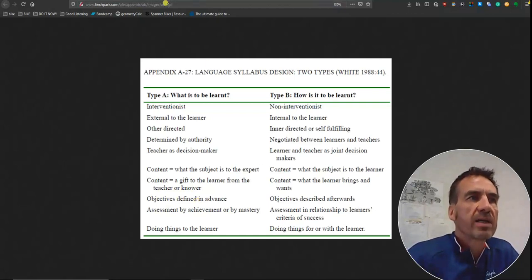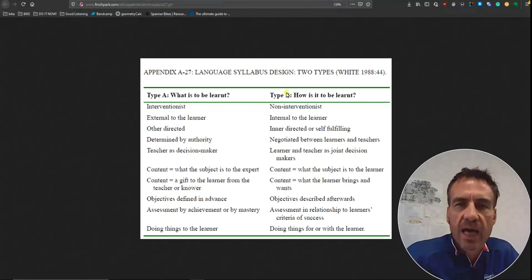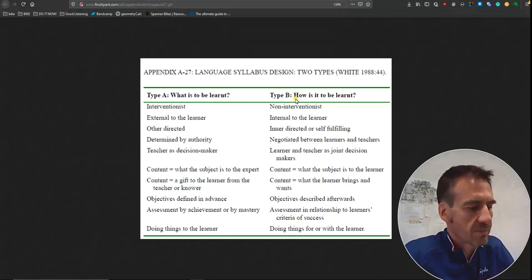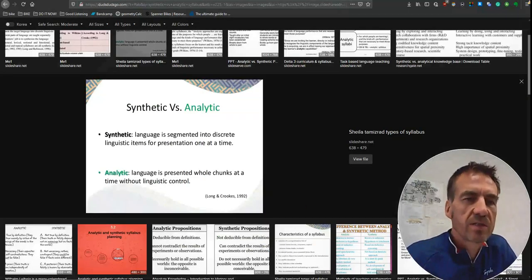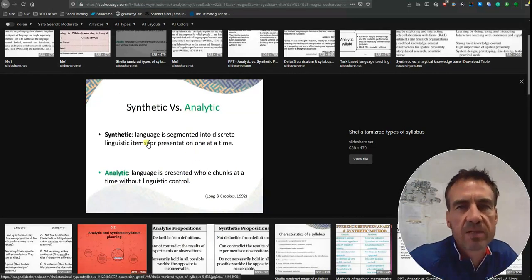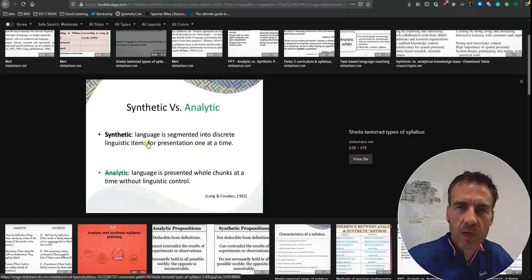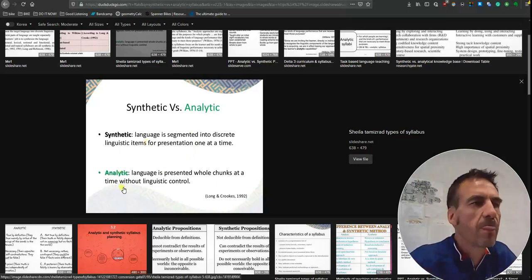Now, the other way to look at it is the analytic type. Now, analytic means, let me see. So if you consider it as a this or that, analytic is kind of the opposite of synthetic. So you're either doing synthetic, one, or analytic, the other.